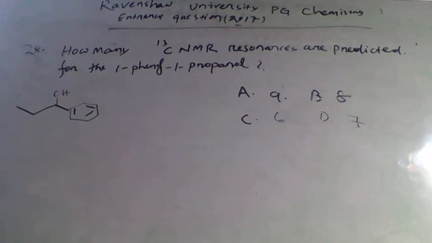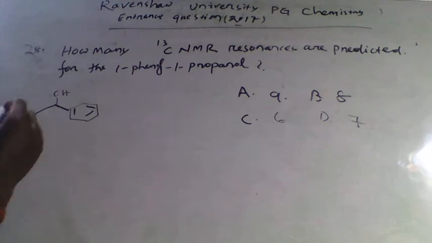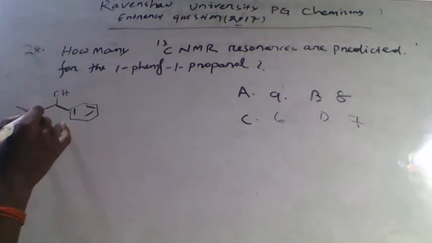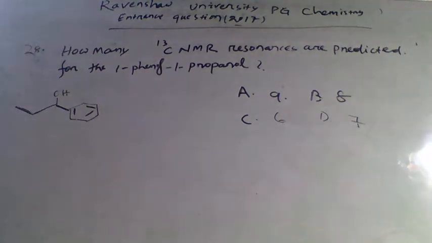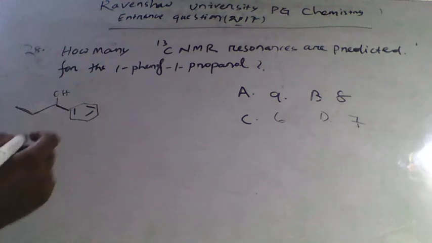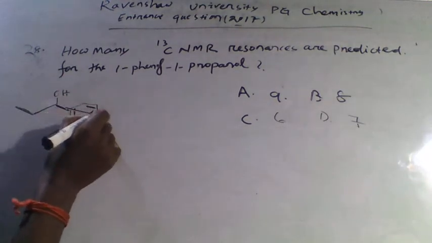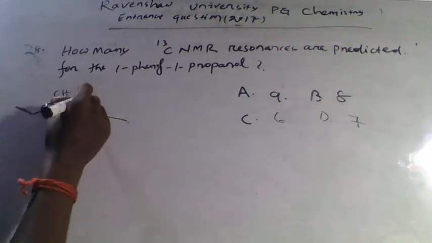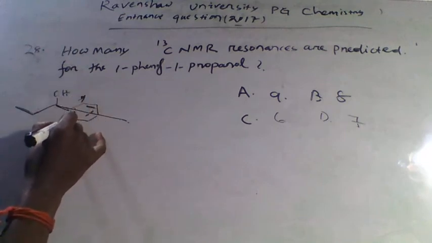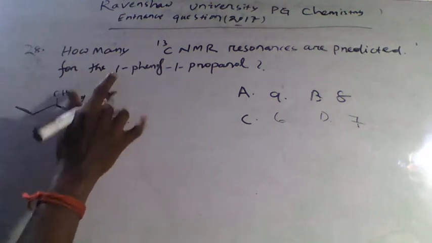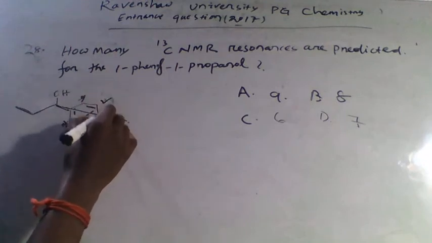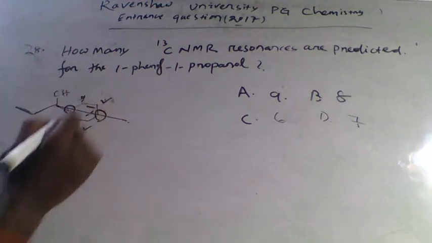Another question, we'll see how many carbon-13 NMR resonances are predicted for 1-phenyl-1-propanol. First, you have to check whether there is any symmetrical or identical center. This is benzene, and this center is equivalent to this center, equivalent to this center, and this is already one center, and this is already one center.